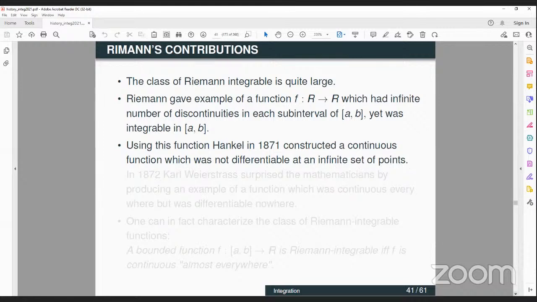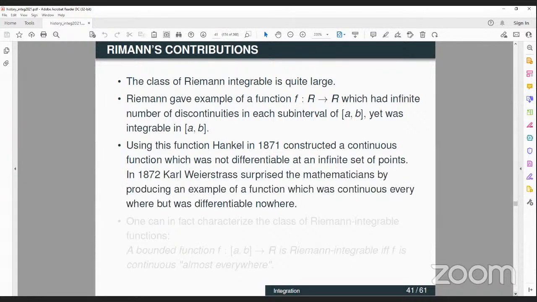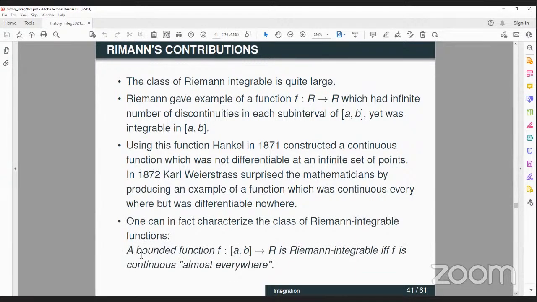But Carl Weierstrass in 1872 constructed a function continuous everywhere but differentiable nowhere, which was a real eye-opener for mathematicians of that age. And later on, Riemann proved the theorem that a bounded function f is Riemann integrable if and only if it is continuous almost everywhere.